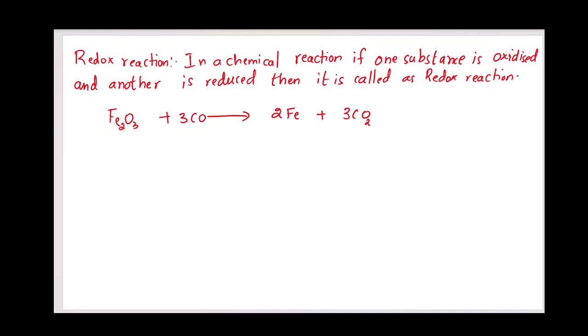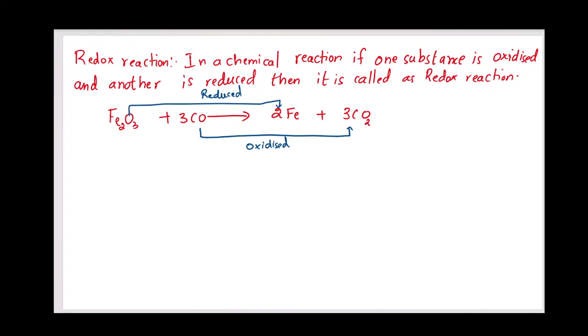Later on the product side Fe is there, which means oxygen is removed from here, isn't it? So this is reduced. Here CO had only one oxygen, but later what happened to the oxygen? So this substance is oxidized. Understood? The substance which is oxidized and the substance which is reduced, that is called a redox reaction.